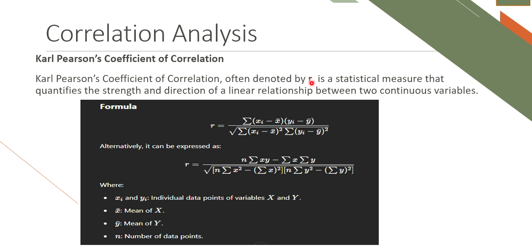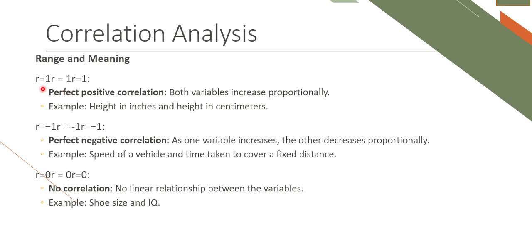Then what is this R? After substituting the values you will get R, right? After getting R, where do you plot the graph? So what is the meaning of R comes here. If you get the result as 1, then you have to write it as perfect correlation: both variables increase proportionally. Then draw a graph and show it is increasing.